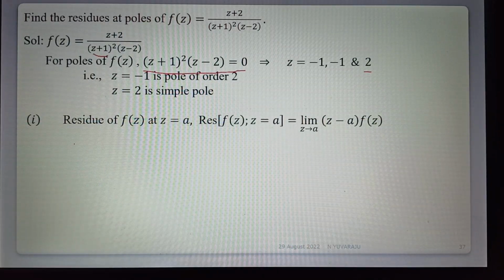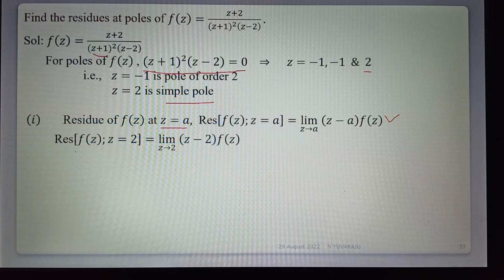First, we use the formula for a simple pole, where z is equal to 2 is repeated one time. Residue of f of z at z is equal to 2 is limit z tends to 2 of z minus 2 into f of z. Substituting f of z, limit z tends to 2 of z minus 2 into z plus 2 by z plus 1 whole square into z minus 2.